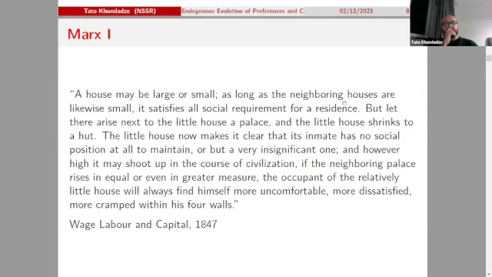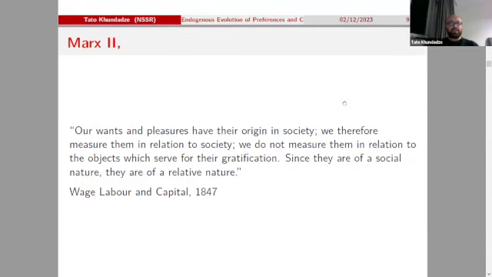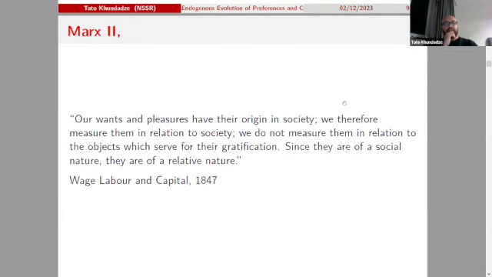The idea of conspicuous consumption is, of course, related to Veblen, but I also discovered that Marx talks about this, and I brought this nice quote, which is given in the next slide, and I will read it. Our wants and pleasures have their origin in society. We therefore measure them in relation to society.